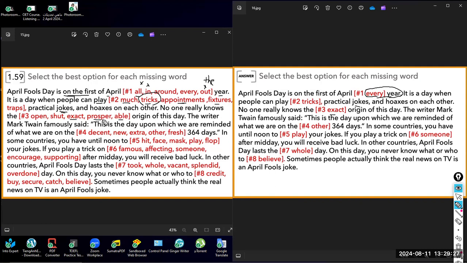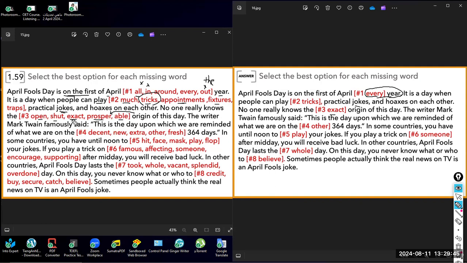Prosper is a verb, and here I have to use an adjective before this noun, and prosper is not an adjective. Or the shut origin, come on, I cannot say the shut origin. This is something wrong. And absolutely the open origin, I cannot say like that.